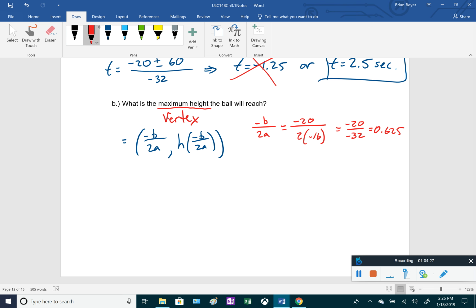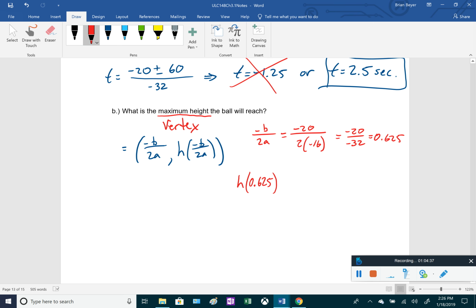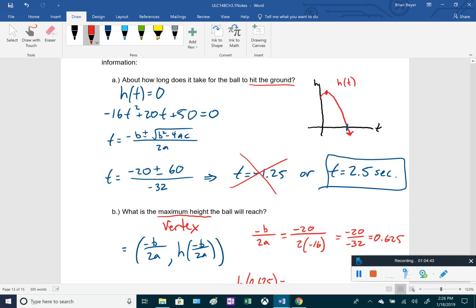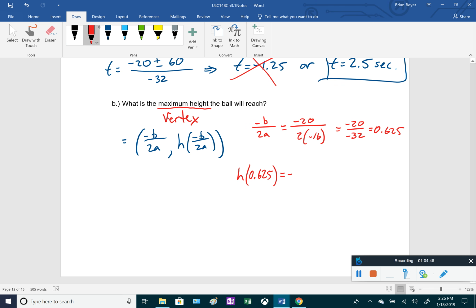Now finding what that maximum height is, we're going to plug that in. We know it's going to be greater than 50, because that was the height of the building. So plugging this into the function, which is right up here, that's going to be negative 16 times 0.625 squared plus 20 times 0.625 and then plus 50.